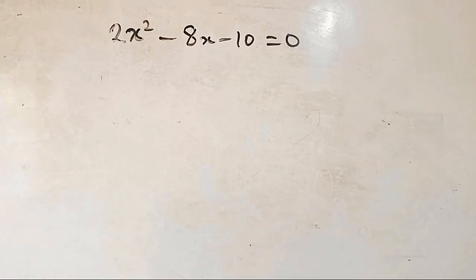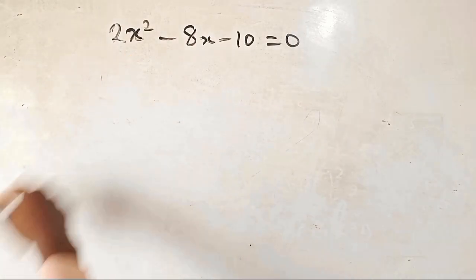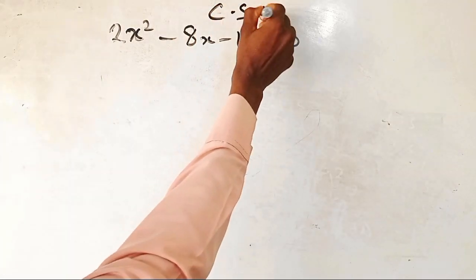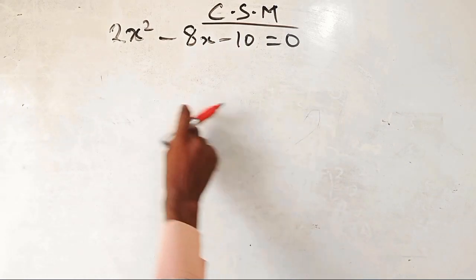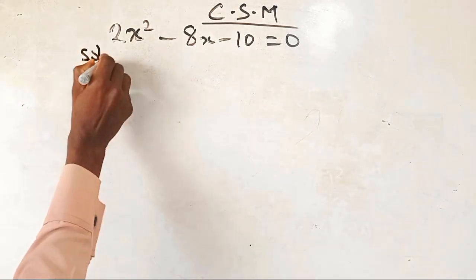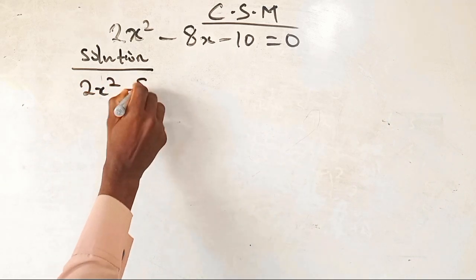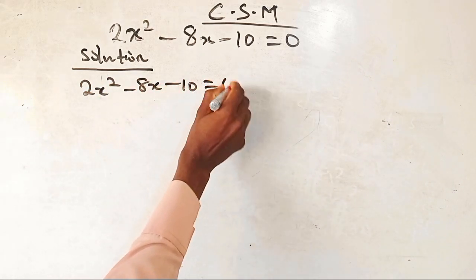The question says solve this quadratic equation using the completing the square method. Solution. Here we have 2x squared minus 8x minus 10 equals 0.